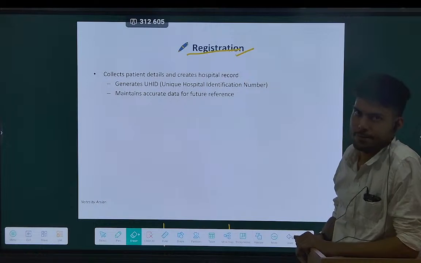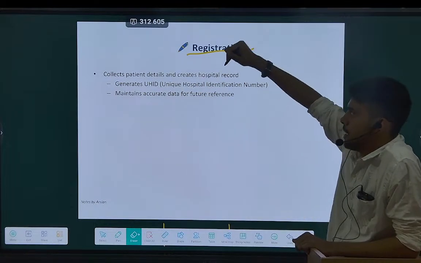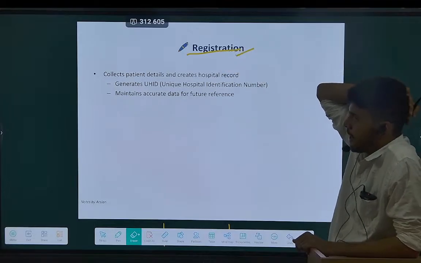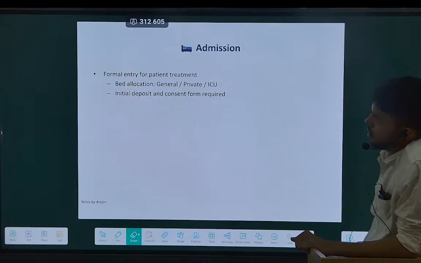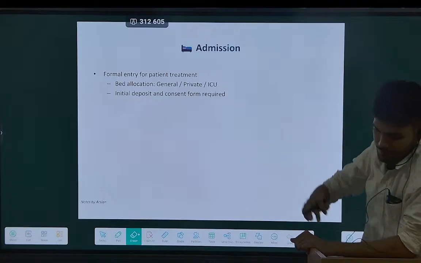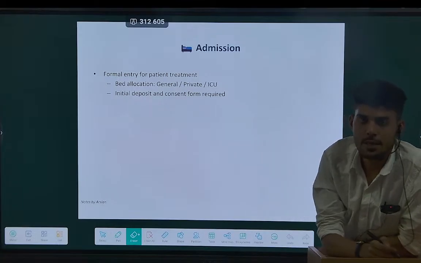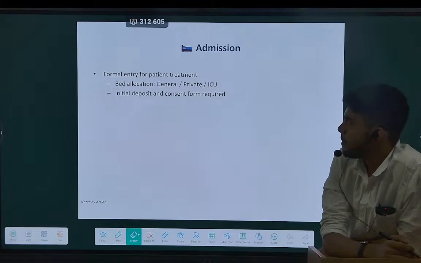So after their details are collected, records are maintained, and a unique ID is given to the patient, what happens next? They will go for admission. If a patient comes and needs treatment or observation, they must be kept in the observation ward.